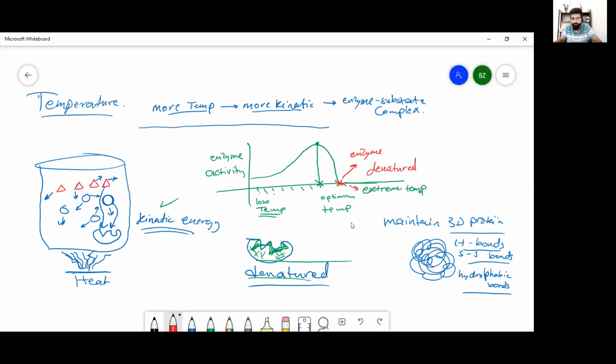Okay, guys. So all the enzymes in the body work at an optimum temperature of approximately 40 degrees. But different animals and organisms have enzymes with different optimum temperatures.